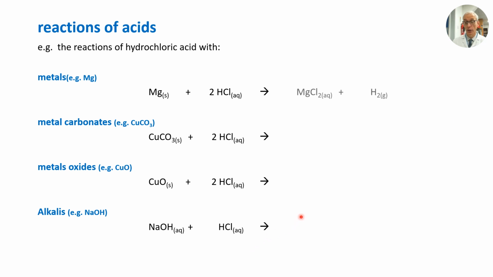Okay, so if we look at the first reaction, we get magnesium chloride and hydrogen. Copper chloride, carbon dioxide and water for the metal carbonate reaction. With the oxides, we get copper chloride and water, and similarly sodium hydroxide gives us sodium chloride and water.